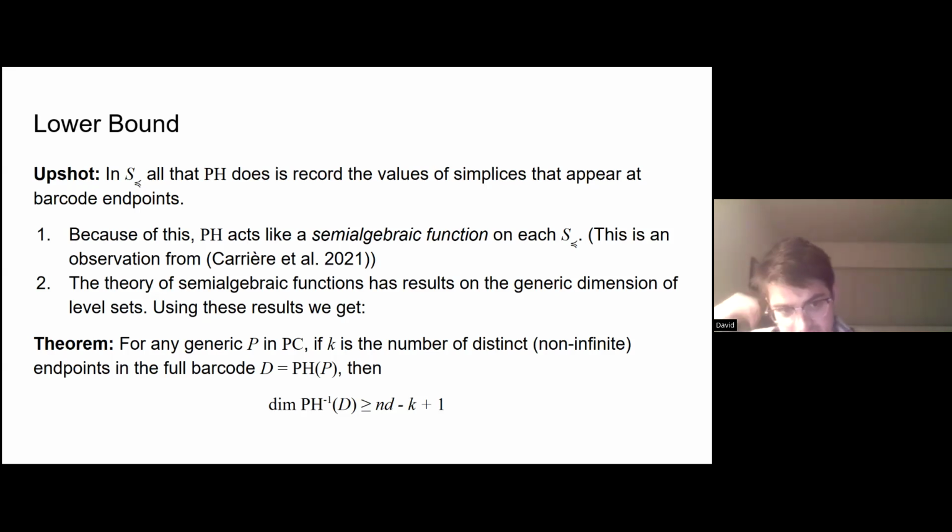The reason that the number of distinct endpoints comes up is that this is the number of different times that simplices appear and change the topology in the filtration when I'm in this nice set.